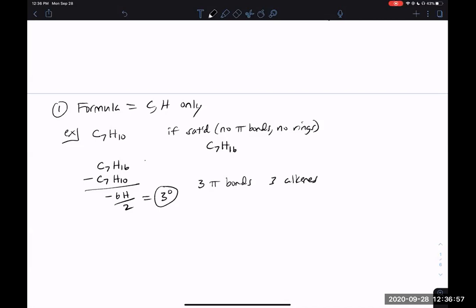I could have 1 alkyne, which is 2 degrees, plus 1 alkene, that'd be 1 degree. Could have that. I could have 3 rings. Super unlikely. I could have 1 ring and 2 pi bonds, maybe. That's a whole bunch of possibilities.